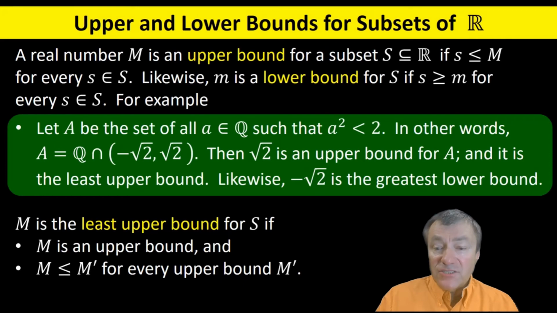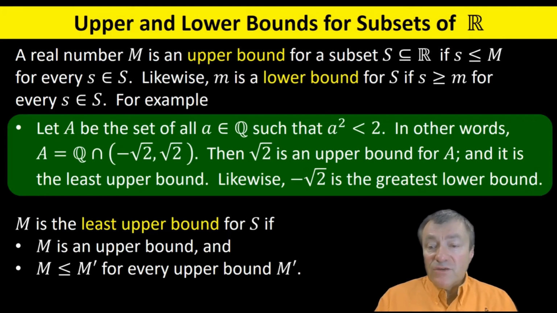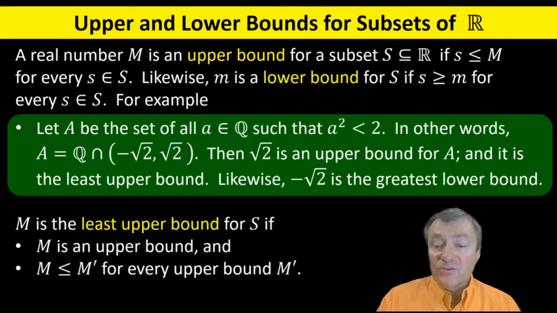Now here are the definitions. It's really plain English at this point. For a set S, we say capital M is the least upper bound if M is an upper bound, first of all, and secondly, it is less than or equal to any upper bound. For some sets, there might not be an upper bound, let alone a least upper bound.